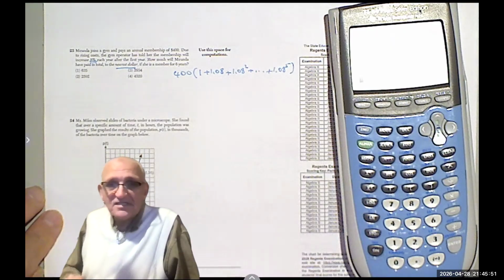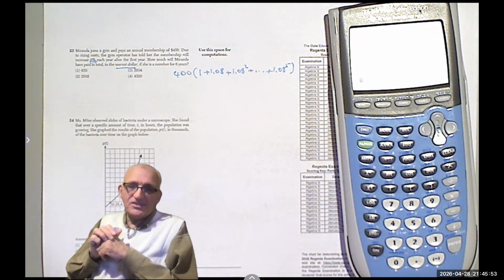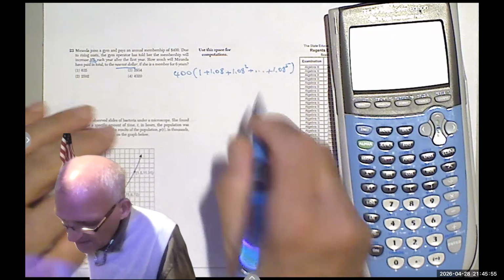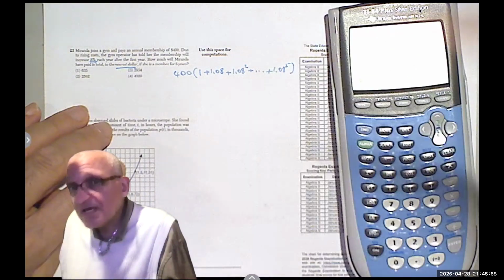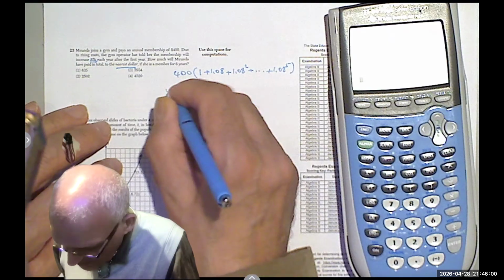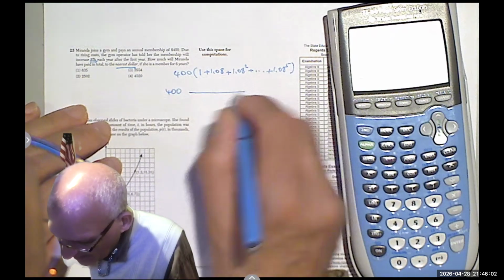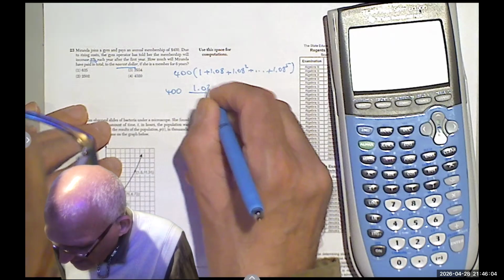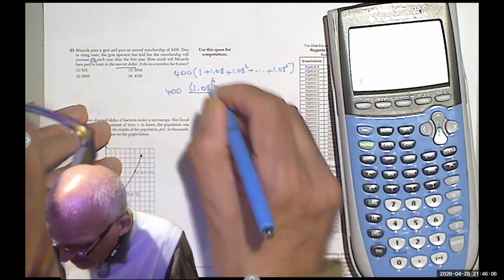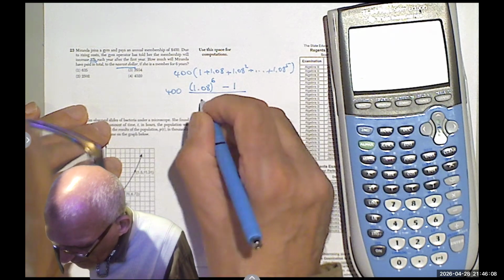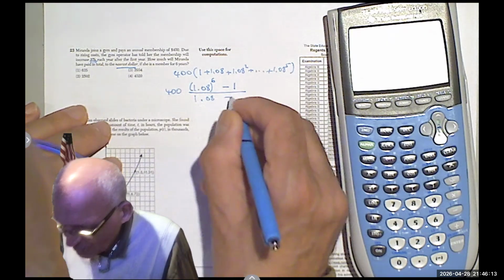That's a geometric series. And we know the sum of the geometric series. 400 is there anyway, and then you multiply by 1.08 to the 6 minus 1 over 1.08 minus 1, which is 0.08.